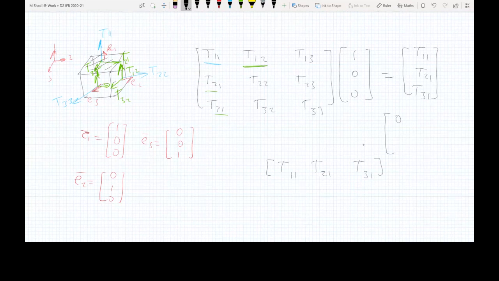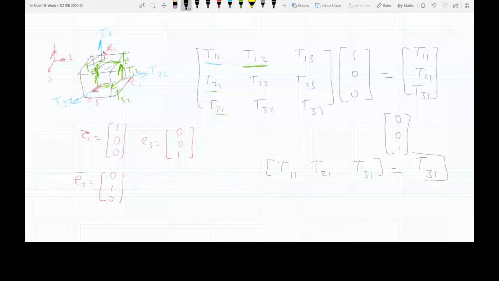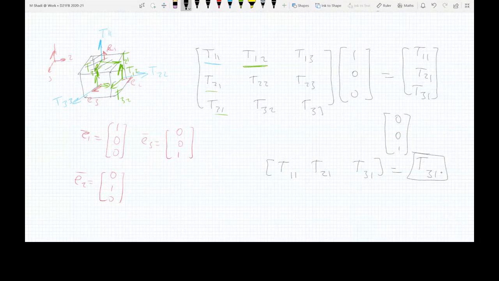So I need to multiply with E3. So 0, 0, and T31. So this is the component that is active on the face that is perpendicular to E1 and acting in the direction of E3 basically. So these are the two directions that are related to each one of these components.